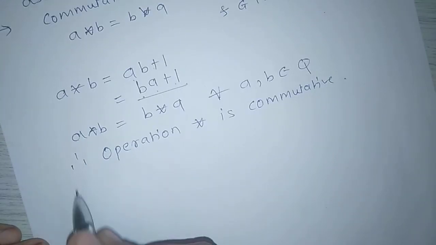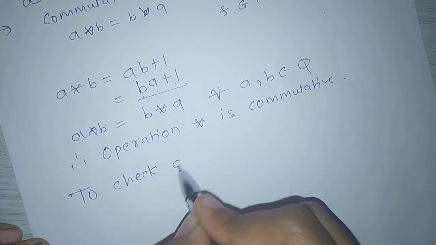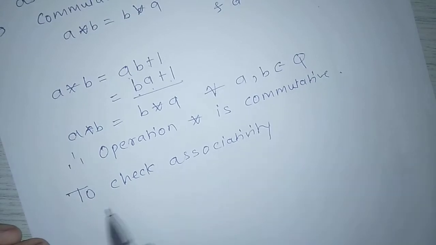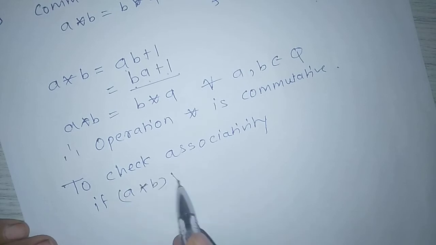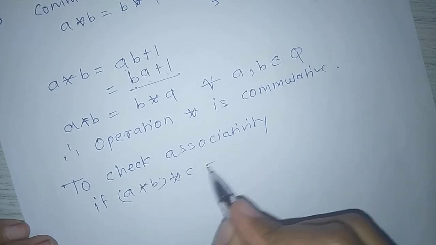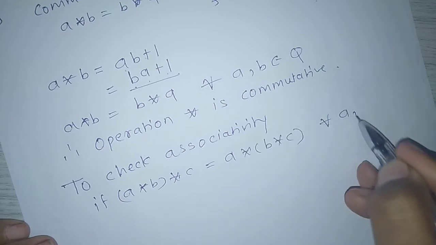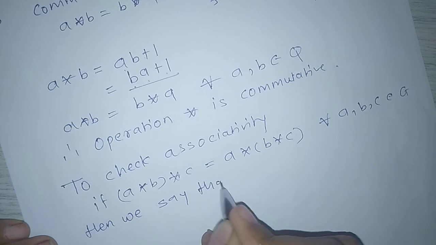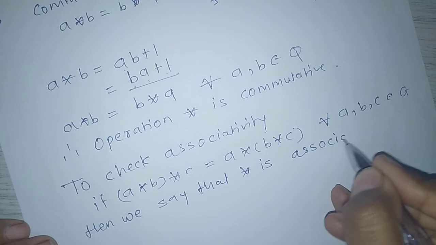Next, to check associativity: if A star B star C equal to A star B star C, with the brackets grouped differently, for all A, B, C belonging to G, then we say that star is associative.